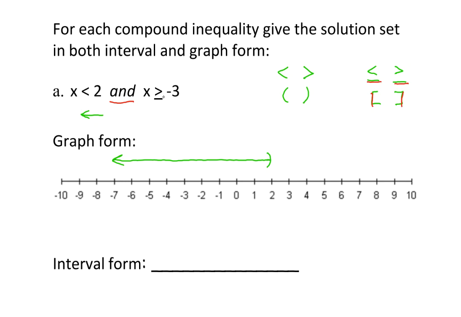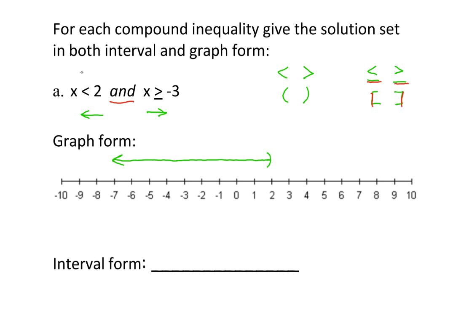For our x is greater than or equal to -3, it looks like an arrow pointing to the right. So you can draw your arrows going to the left or the right depending on what your inequality symbol is, but you can only use that cheat if your variable is first.